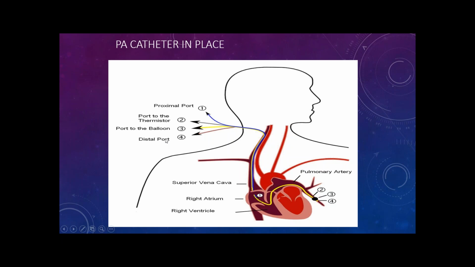The balloon port comes all the way down, and it blows up this little black balloon. And what happens is, as it's usually right here, bouncing with each heartbeat, when the balloon is inflated, the blood flow will capture that balloon and carry it forward until it can't move forward any further.